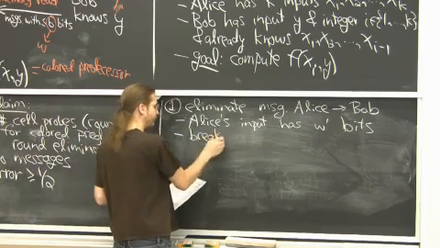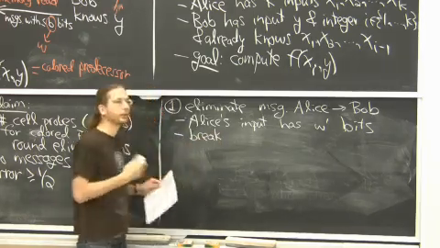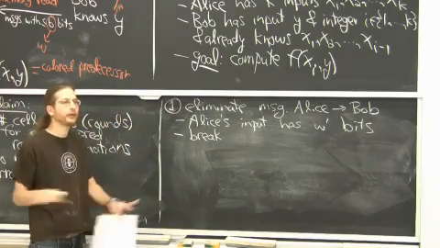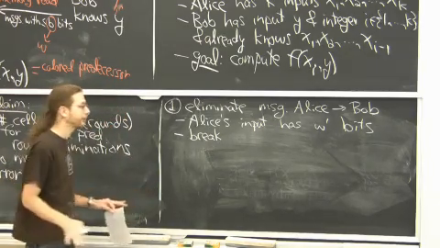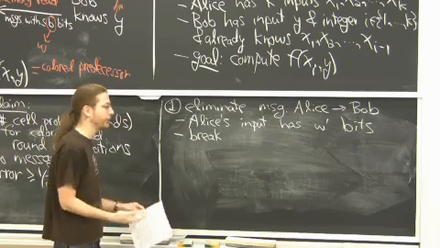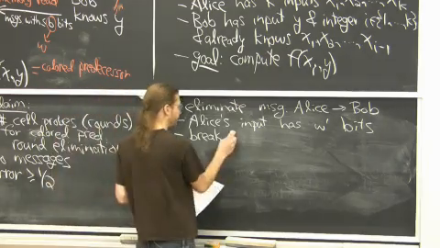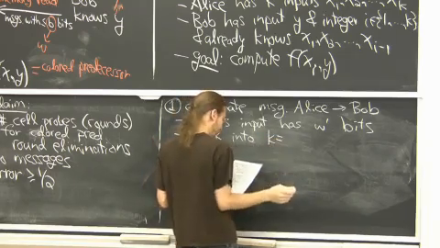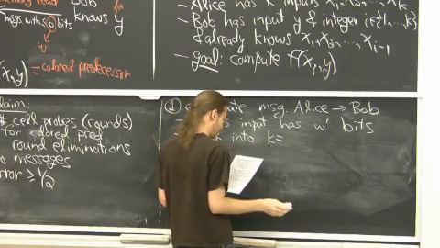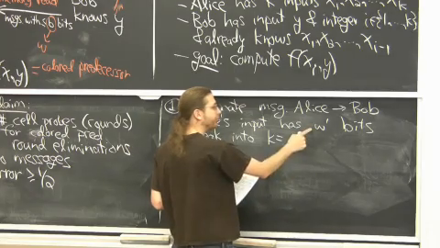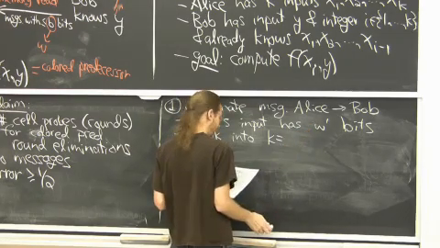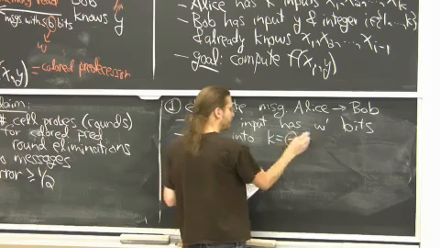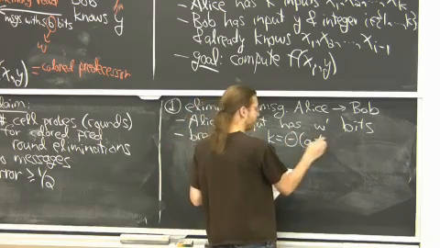Here's the concept. Remember, we're proving a lower bound. We get to set up the set of elements however we want. We're going to define a distribution on the set of elements, and we're going to do that by breaking this input, W prime bits, into a lot of pieces.